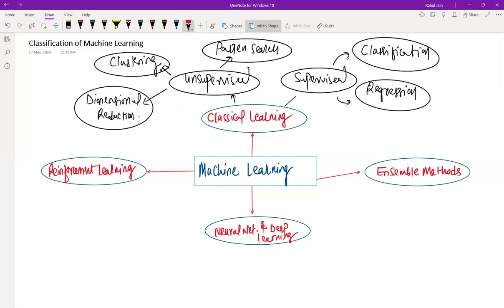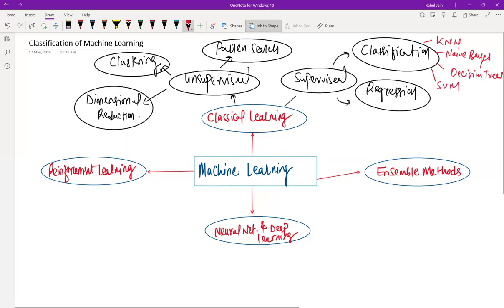So let's start with supervised learning and then classification. We have some classification algorithms like KNN, naive Bayes, decision trees, and support vector machine.